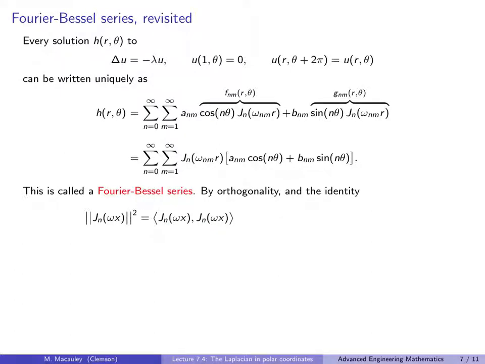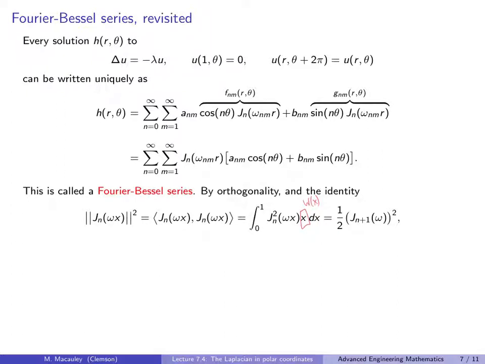If you recall from the lecture on special orthogonal functions, this is defined with respect to an integral and a weighting function that came from the Sturm-Liouville problem, w of x equals x. So in other words, it's the integral from 0 to 1, that's the range of the radius r, which down here we're calling x, of the Bessel function times itself. And then this x is the weighting function w of x.